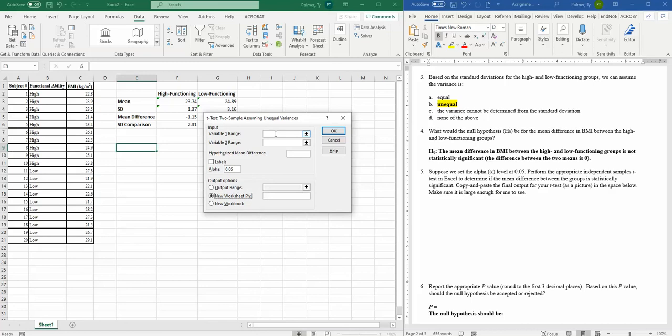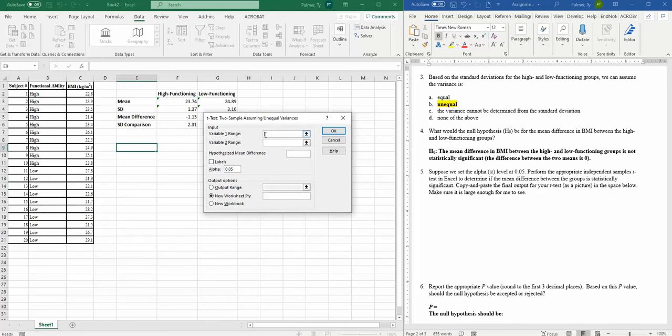So let's start up here at the top. For variable 1 range, you can click so your cursor is inside that box. What we're going to put here is the BMI scores for group 1, which in this case is the higher functioning group.